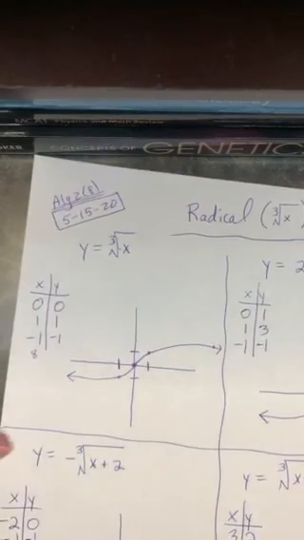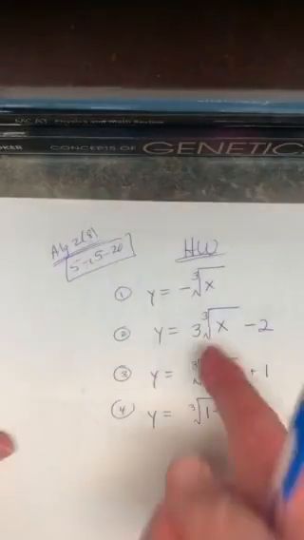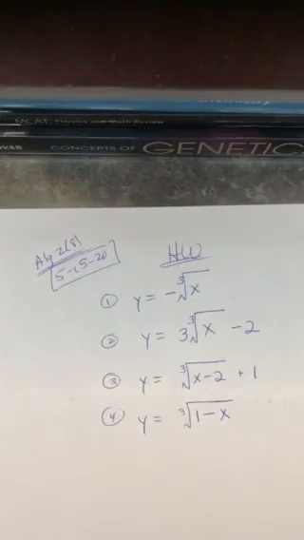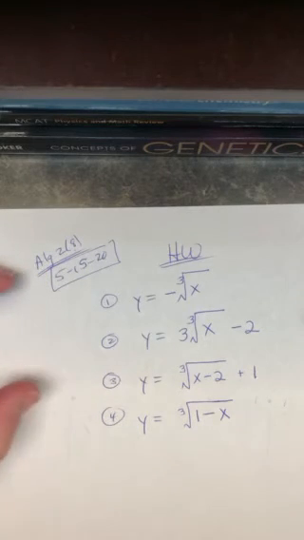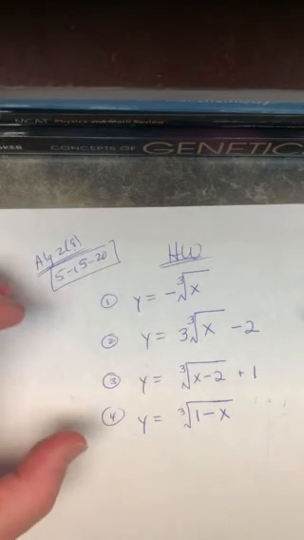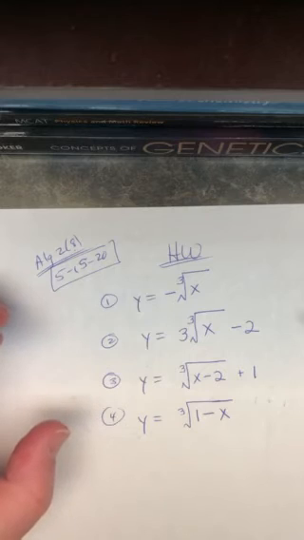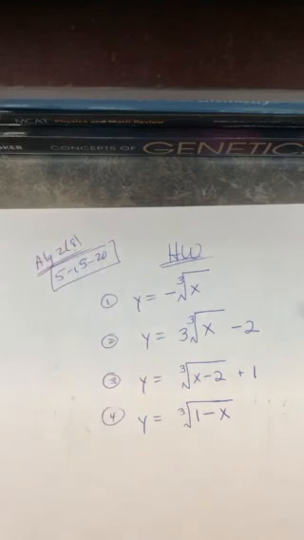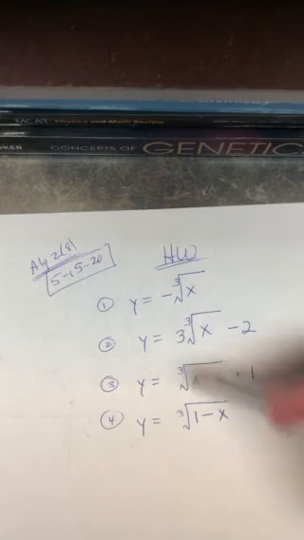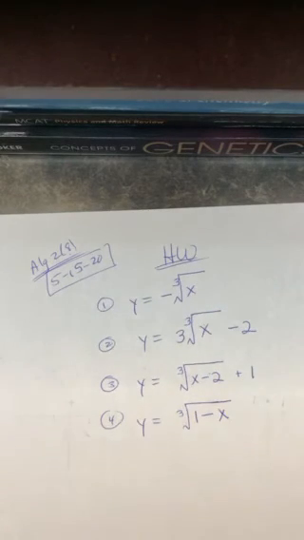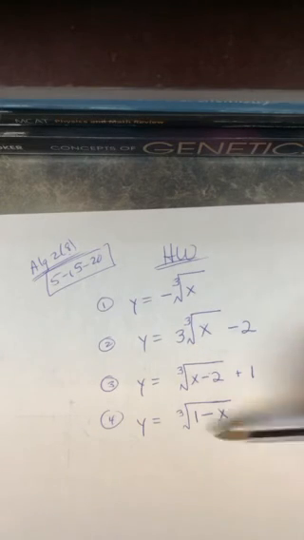Okay? Homework, again, 4 problems. You get 1 point for the proper procedure, so you do have to show work on your chart, on your table, your XY table, and then a point for the finished picture. So this is 2 points apiece. It's another 8-point daily grade based on how well you create and then draw these 4 cube root functions.